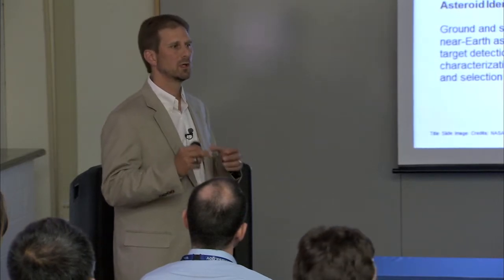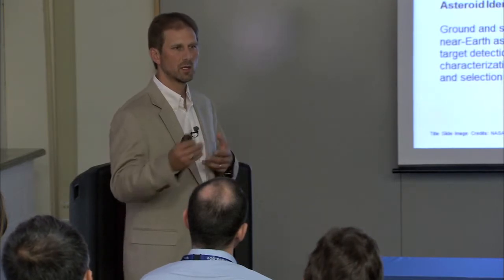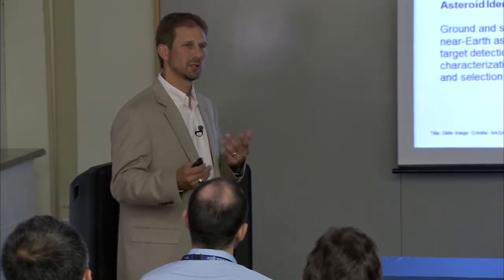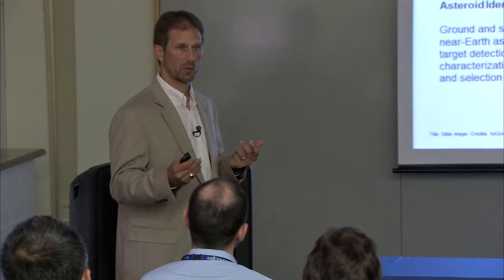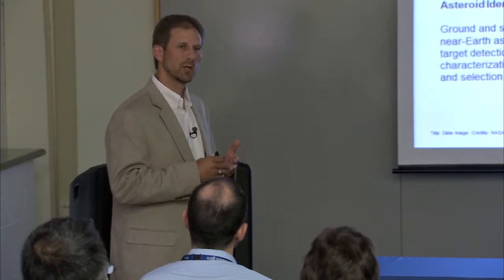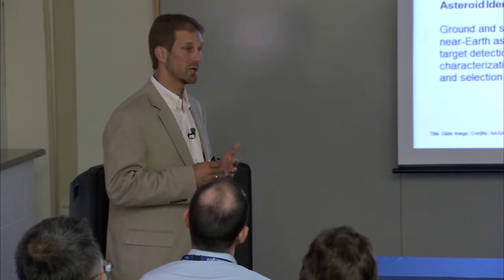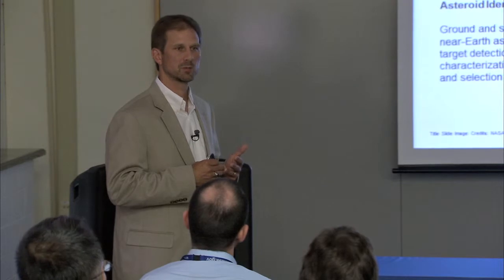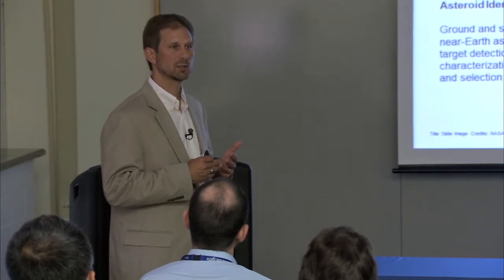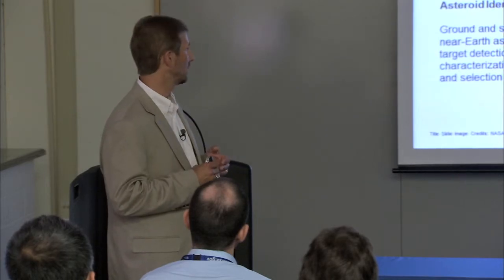It's a stable orbit, far enough away from the Earth so that there's no concerns there, and far enough away that it provides an interesting target for human exploration, because we're pushing the boundaries of human exploration. So it's either bringing back a small asteroid or retrieving a boulder off the surface of a large asteroid, something that's 100 meters plus, maybe even as big as a kilometer across, which certainly has implications for planetary defense, which I'll get into in a little bit as well.